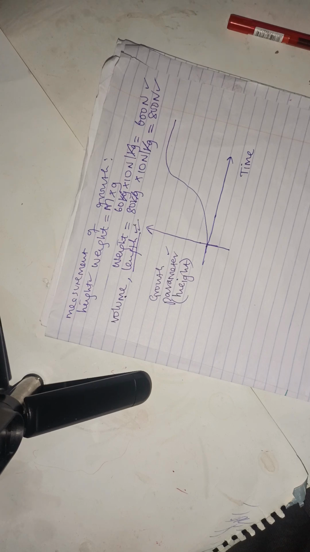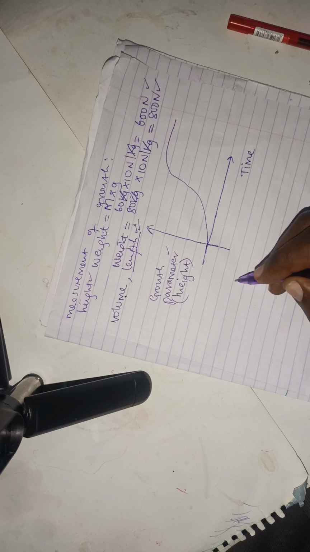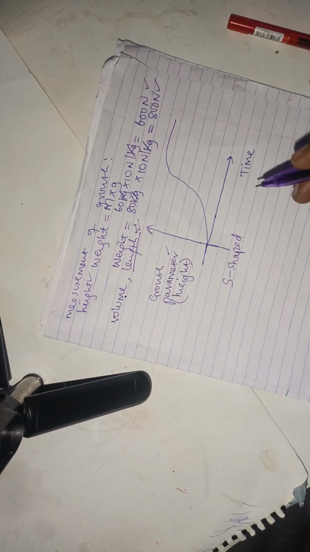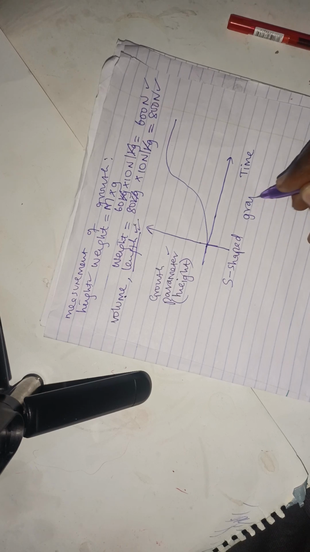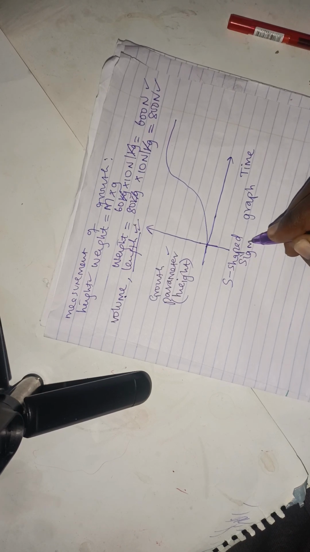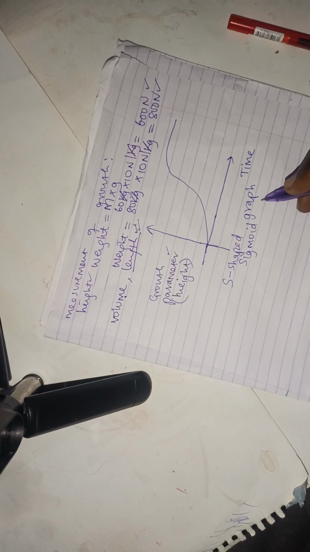Look at that. That type of curve is referred to as the S-shaped graph. And this S-shaped graph has a specific name called the sigmoid curve.